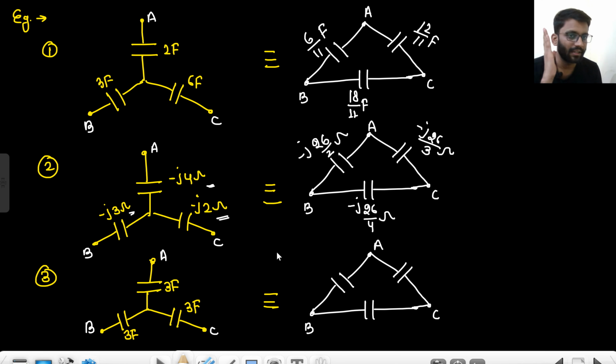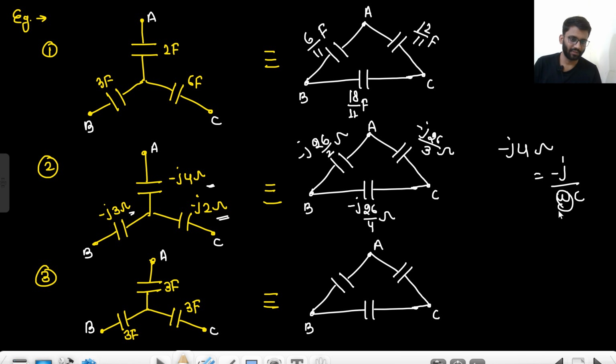Just see it once again. These are the impedances. If these are the impedances, how will we be doing it? No matter it is a capacitor, these are the impedances. If this is the impedance minus j4, that means it is equal to minus j by omega C. Let's assume if omega is 1, that means your C value is 1 by 4. So here your C value is 1 by 4.